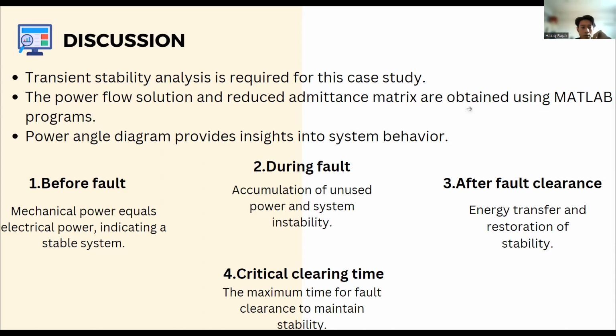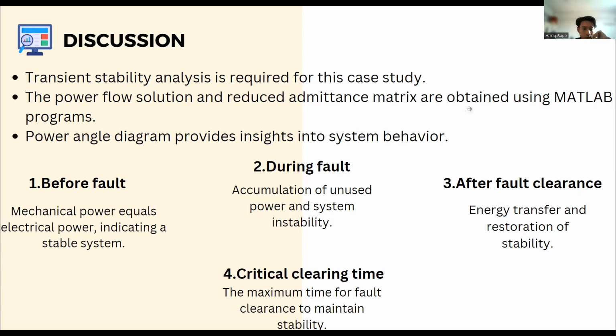Second, the power flow solution and reduced admittance matrices are obtained using MATLAB programs. The Newton-Raphson technique is used for power flow analysis, and the reduced admittance matrix represents the circuit state before, during, and after the fault.